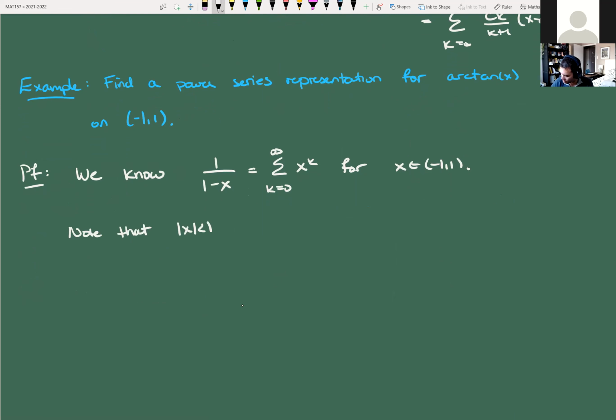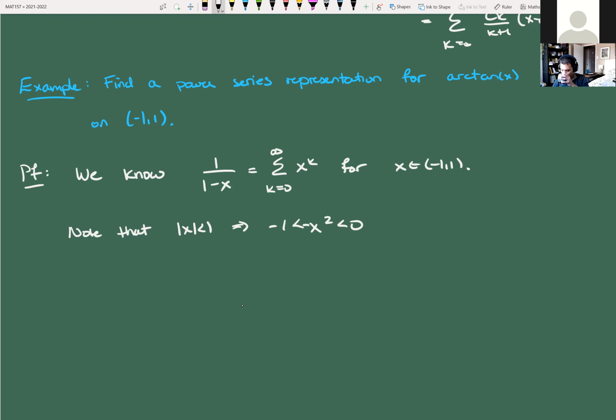the absolute value of x is less than 1 if and only if negative x squared, well, what do I want to say here? Which direction is going to be true here? Yeah, so -1 is less than negative x squared is less than 0.